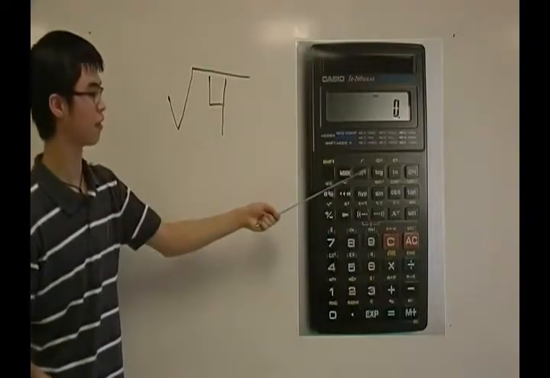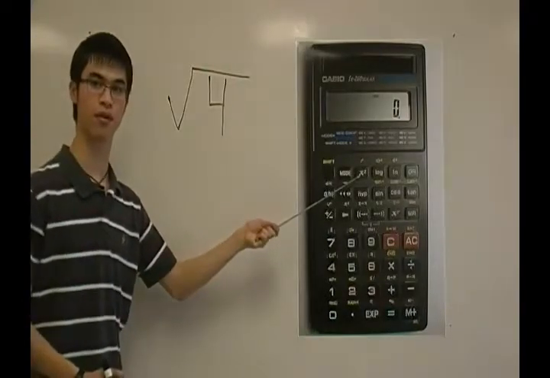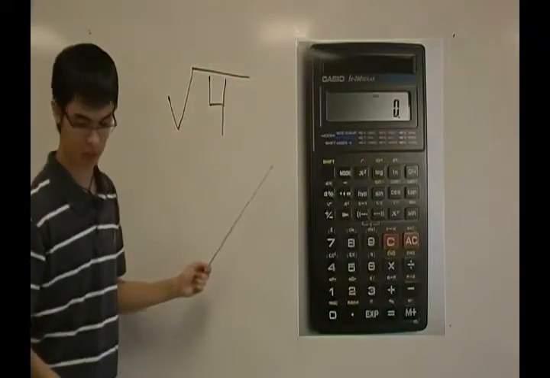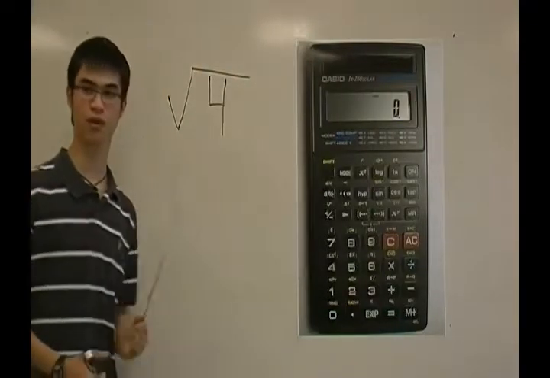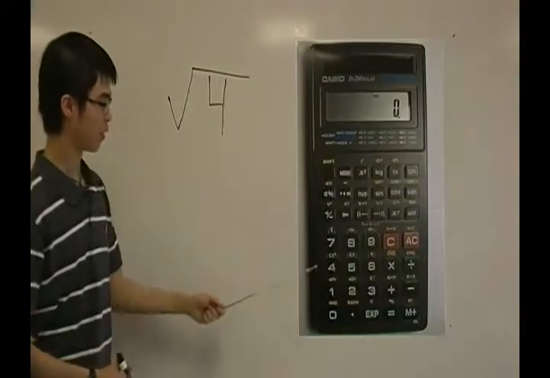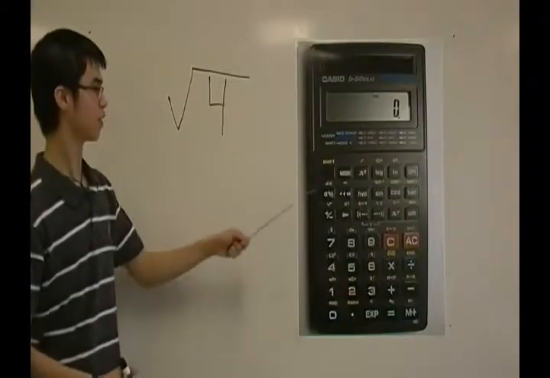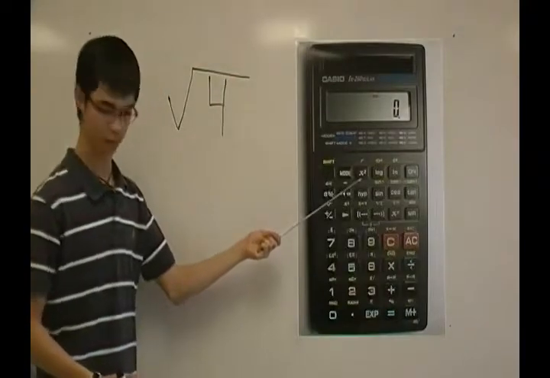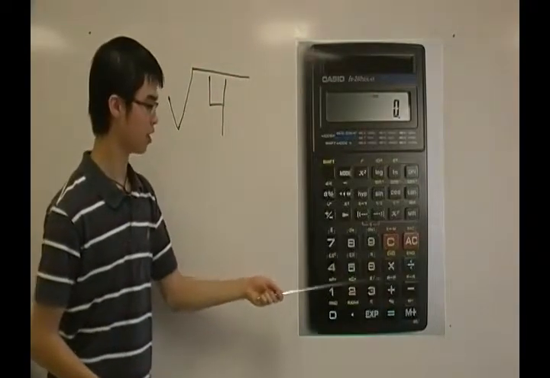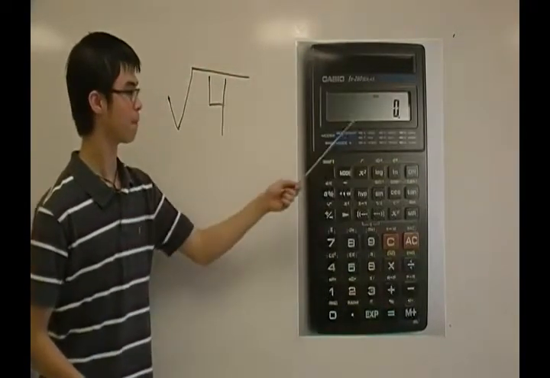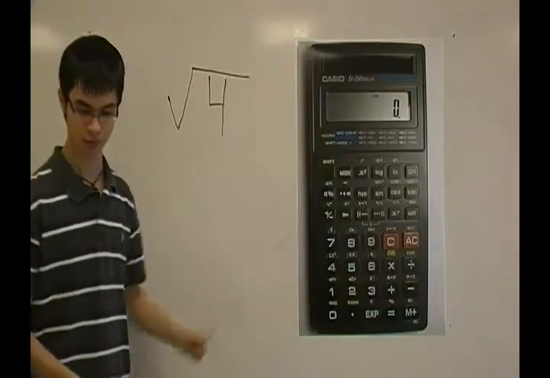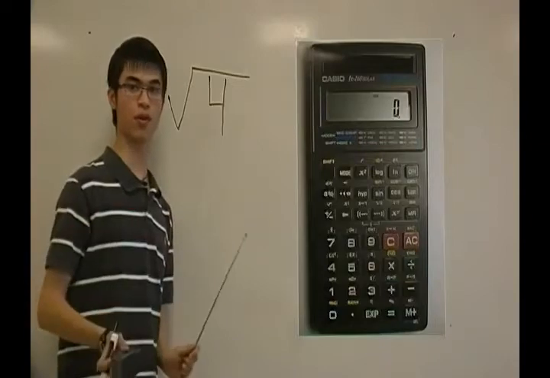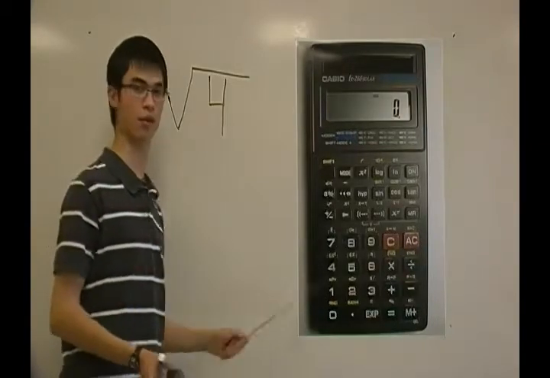Then you'll hit x squared, which is the exponent button. And what you would come out with is 2. So let's go through that one more time. 4, shift, x squared button, equals 2. All right? And that's how you do the square root with this calculator.